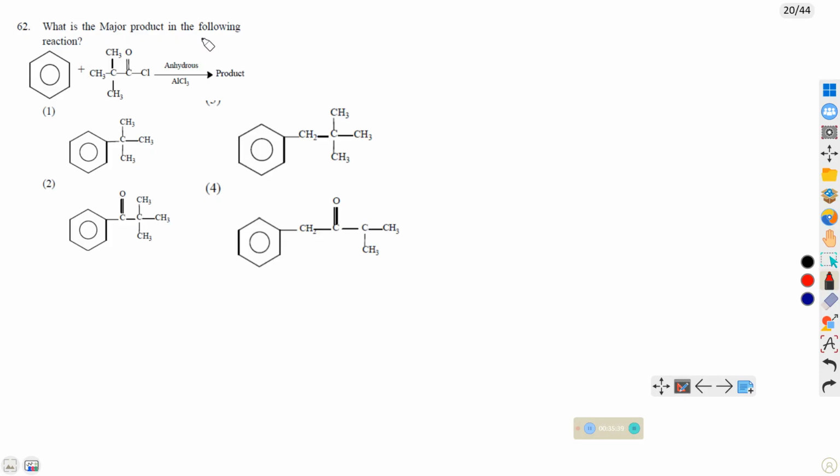What is the major product in the following reaction? Benzene reacts with acyl halide. This is a Friedel-Crafts reaction. Friedel-Crafts reaction with RCOCl, here (CH3)3C-COCl, in the presence of a Lewis acid.